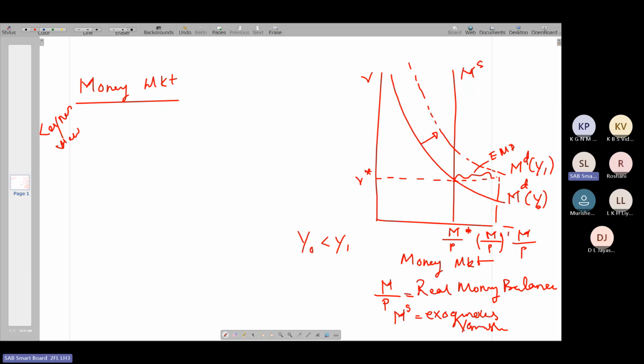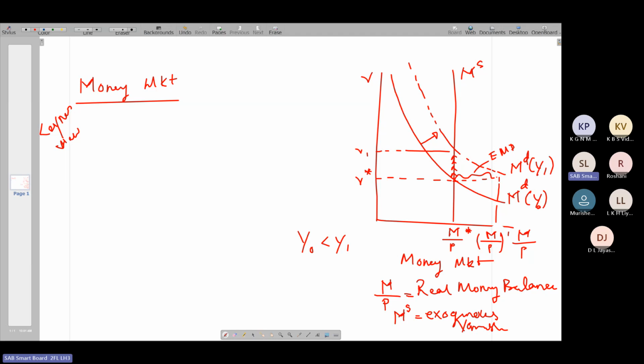The money supply is constant, there is no change in the money supply, but money demand increases. There will be upward pressure on the interest rate. The interest rate increases from R star to R1. It moves the equilibrium from R star to R1, the money market equilibrium. The new equilibrium interest rate is R1.